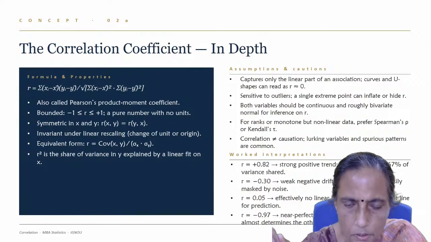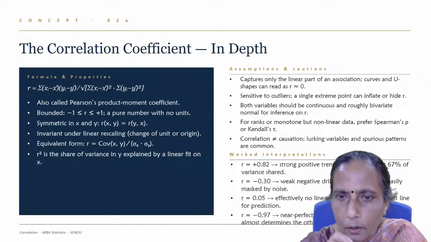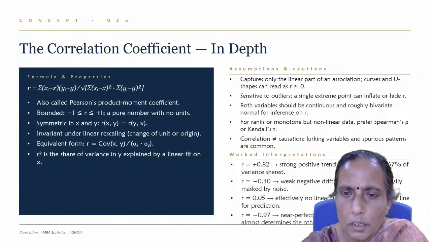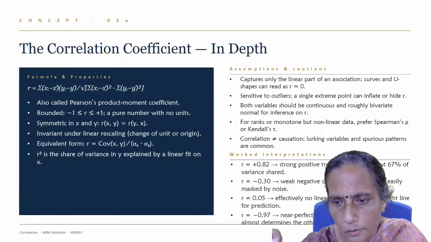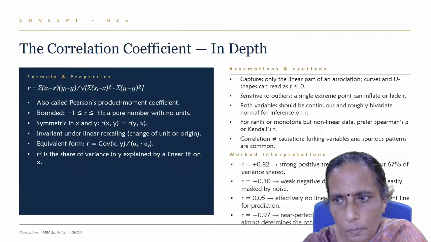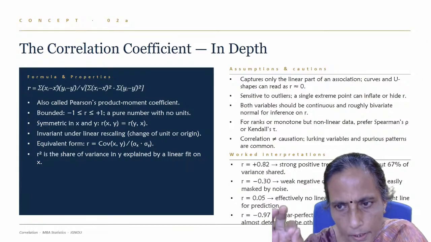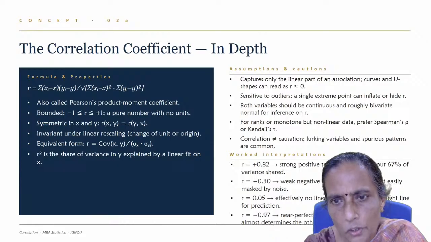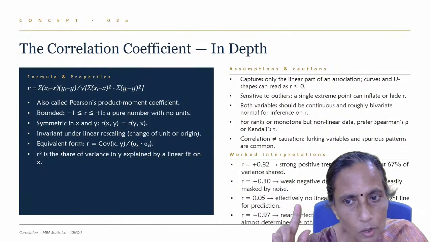The assumptions and cautions while calculating your correlation coefficient are: it captures only the linear part of an association. Curves and U-shapes can read as a correlation between the variables of approximately zero. It is also sensitive to outliers.